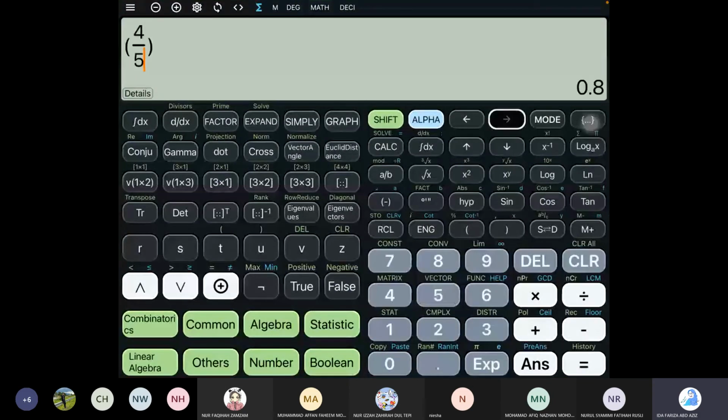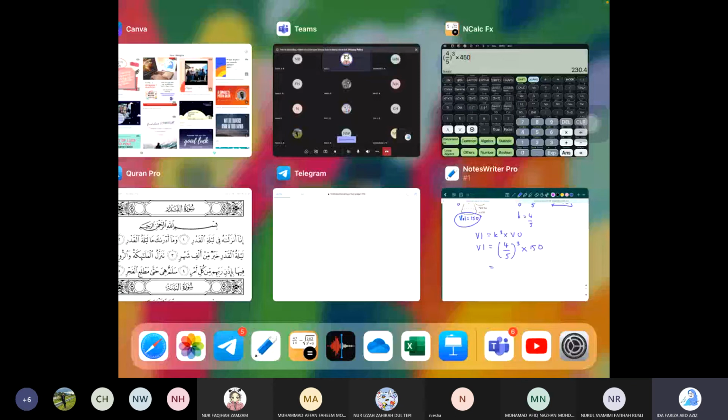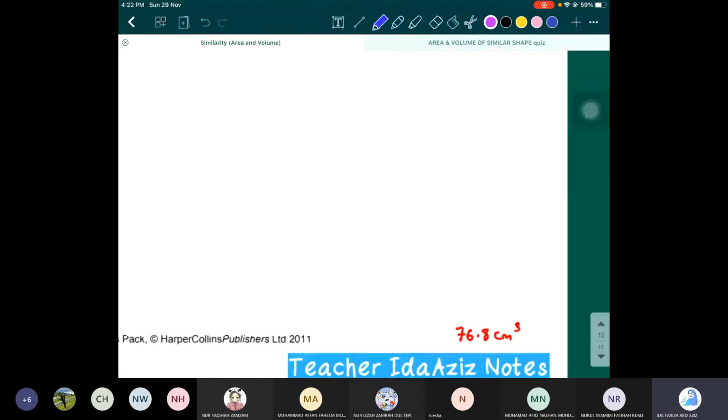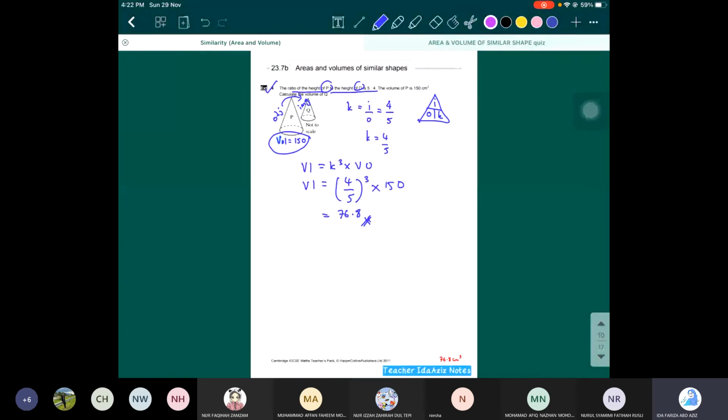Close the bracket and then you go off 150. So we got 76.8. Is that correct the answer? Yes. The answer saya bagi kat bawah ni 76.8. Betul. Okay.